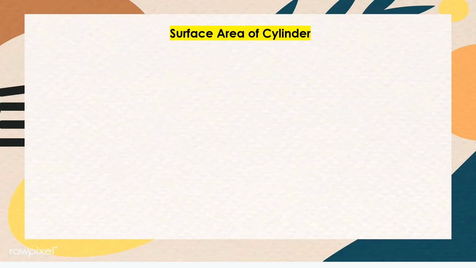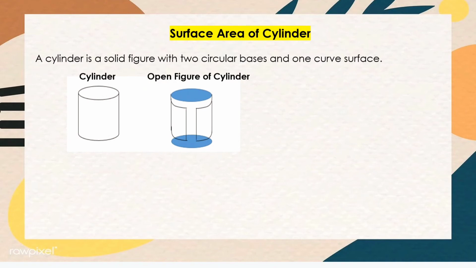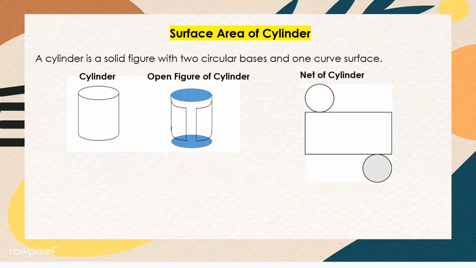Surface area of a cylinder. A cylinder is a solid figure with two circular bases and one curved surface. So we have here the figure, an example of an open figure, and the net of a cylinder.